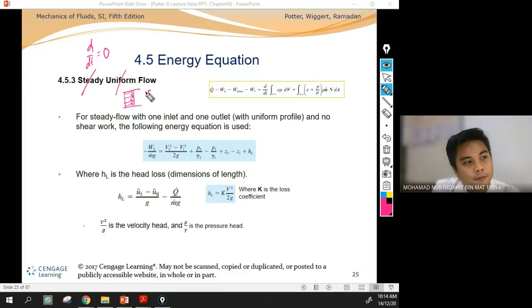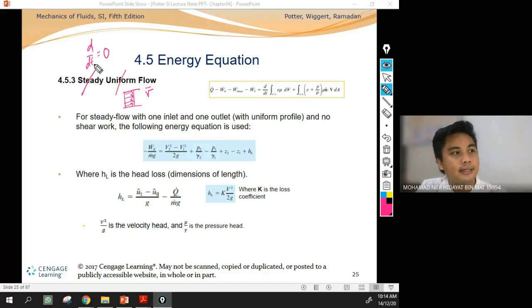So we use V average. So from this equation, we can cancel out the time term. And then this equation directly converts into this final form.